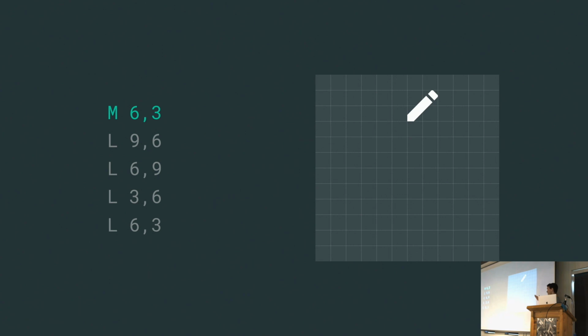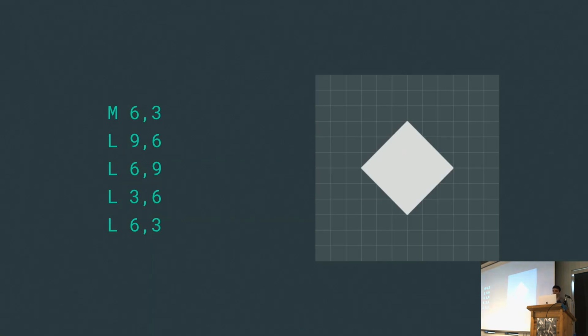So this first command is a move to command. It just moves the pen to a certain coordinate. The L command is a line to command. So you're just drawing a line to 9,6. You draw another line, and another line. And there's your shape. Obviously, it's a really simple example.